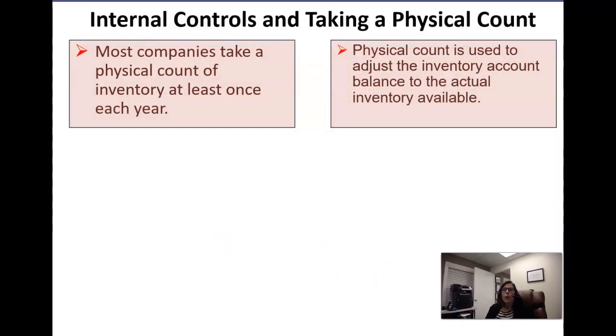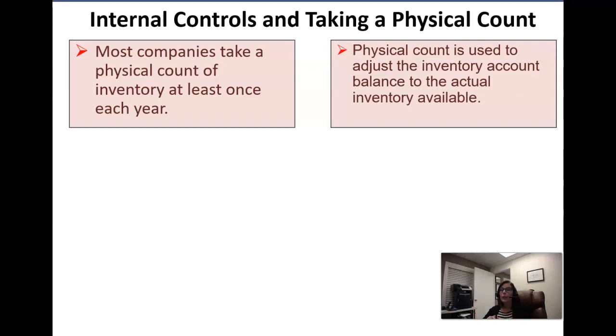Now, inventory is one of those things that, depending on the item, might walk out the back door. And because of that, we not only want to have a list in our computer of what we have for inventory, but we want to physically know that what's out in our warehouse matches what our inventory records say.